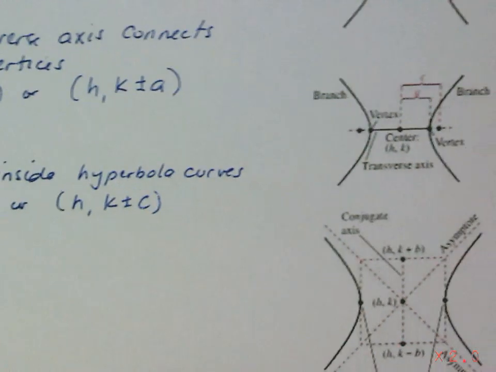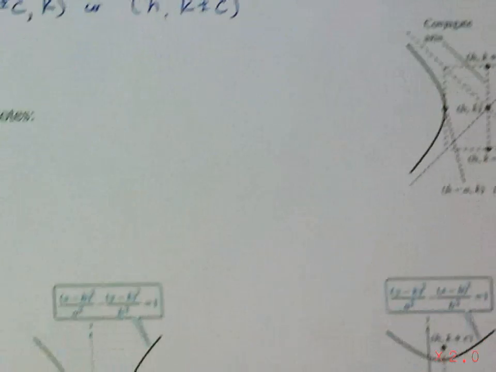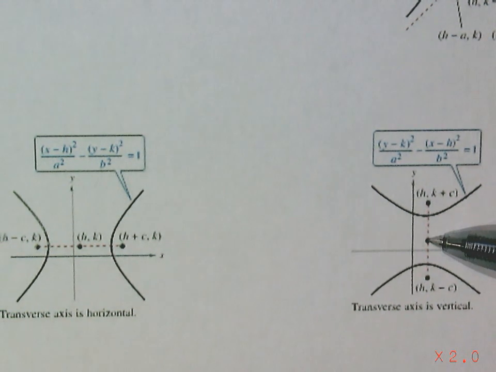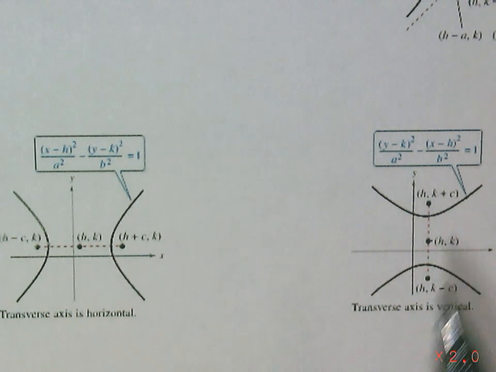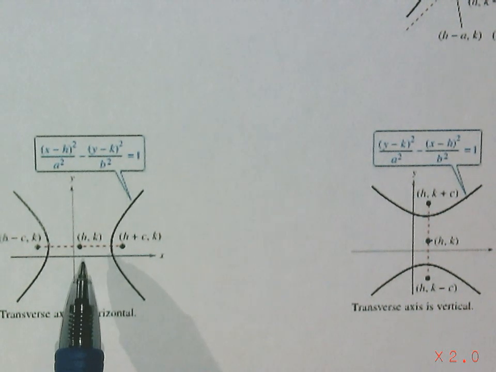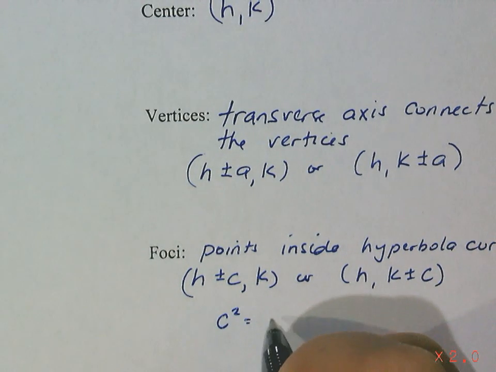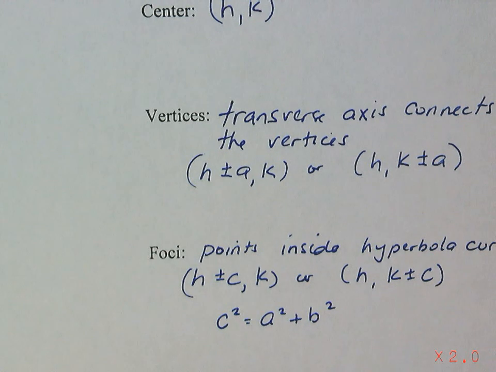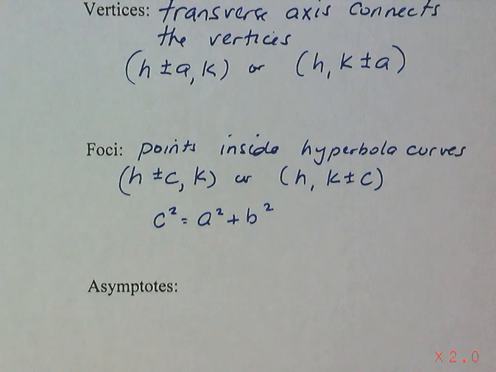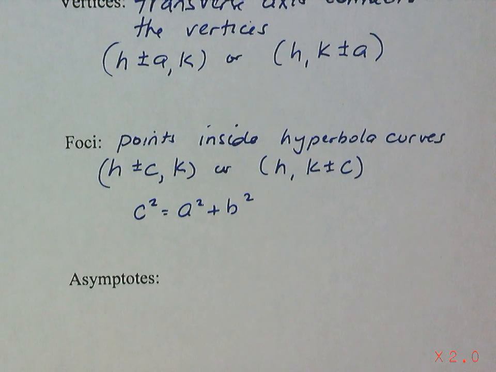C is going to be the distance. Let's see if I can find it. It's down here. C is the distance from the center to the focus. From the center to the focus. And in this case, c squared is going to equal a squared plus b squared. And remember, a and b, it doesn't matter which one is larger for the hyperbola, but you're going to square those values and add them, and that's where you get c.